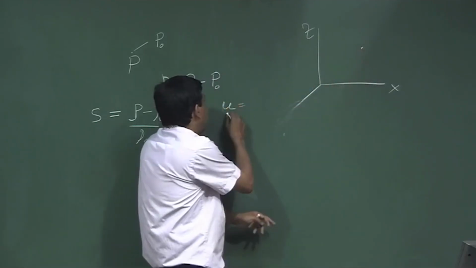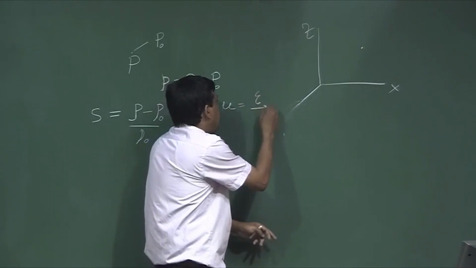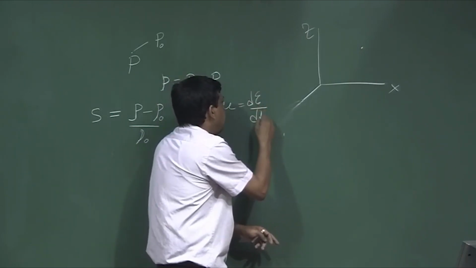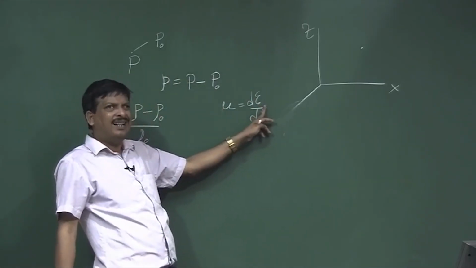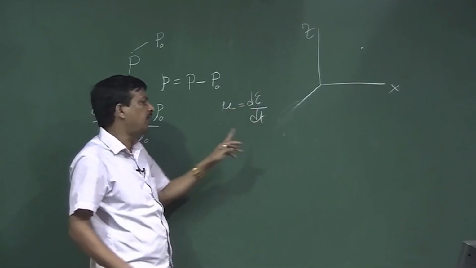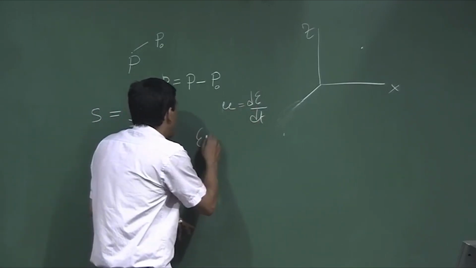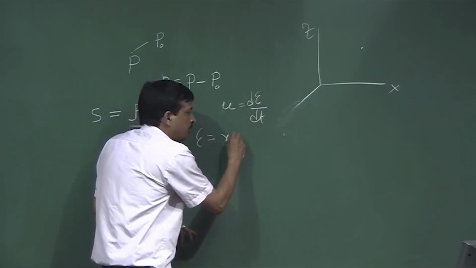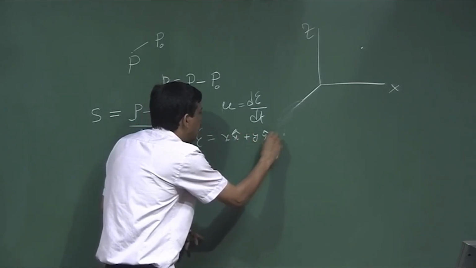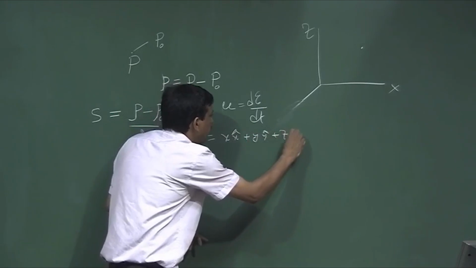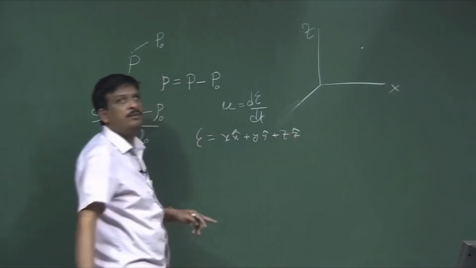So, if the displacement is psi, the velocity is d psi by dt, but the displacement can occur in any direction x, y, z. So, I can say psi is a vector, which is x with the unit vector in the x direction, y with the unit vector in the y direction, z with the unit vector in the z direction.